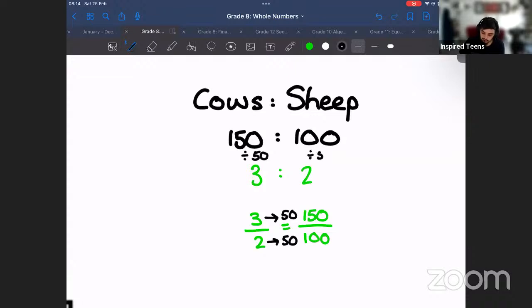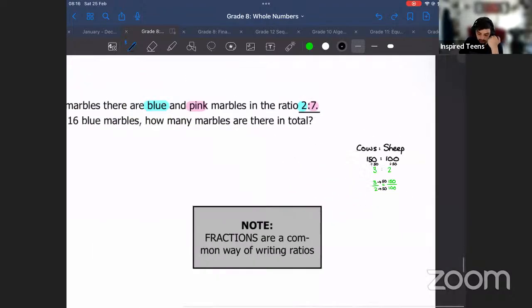So as you can see, when we have the simplest ratio, whatever the thing is that we have the ratio for, the actual amount will always maintain that same ratio. Here we are saying that the cows and sheep have a ratio of 3:2, so the total amount needs to maintain that same ratio when simplified. So 150 over 100 is the same as 3/2.